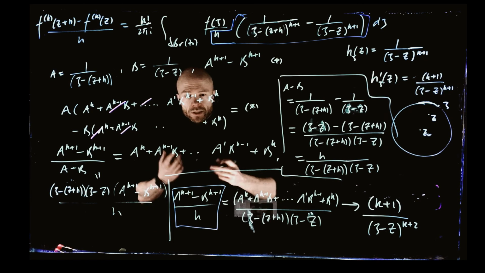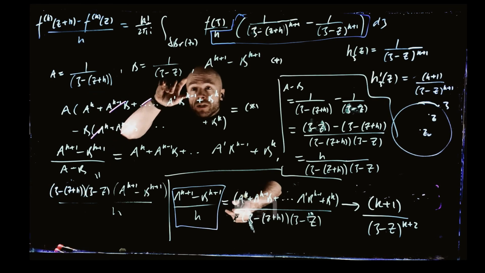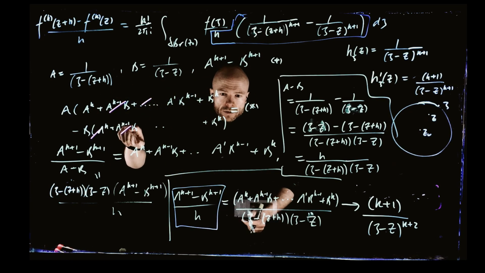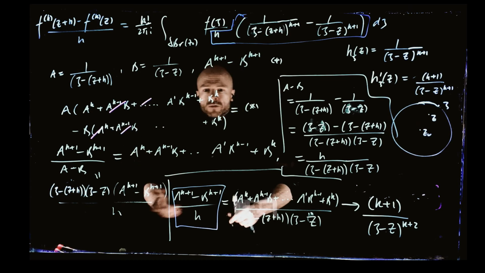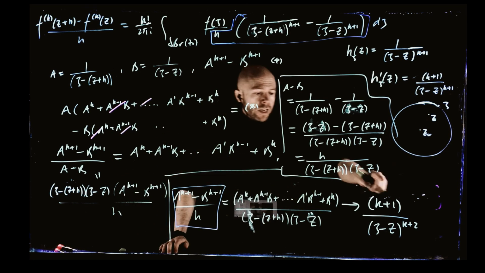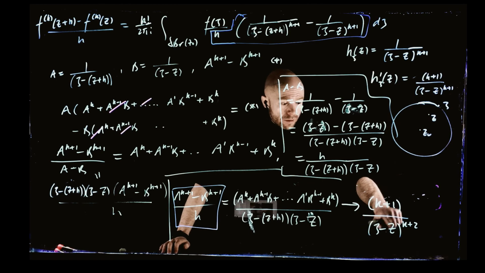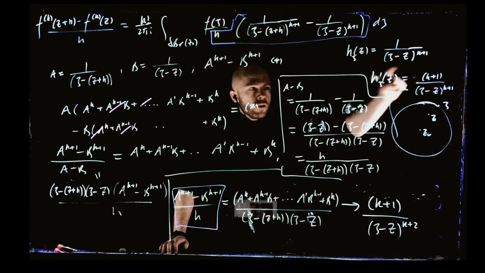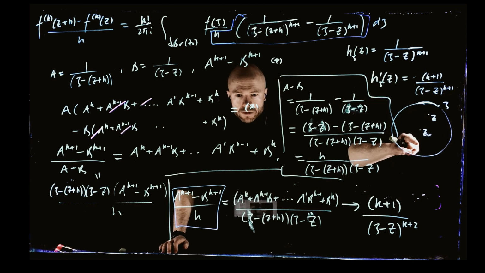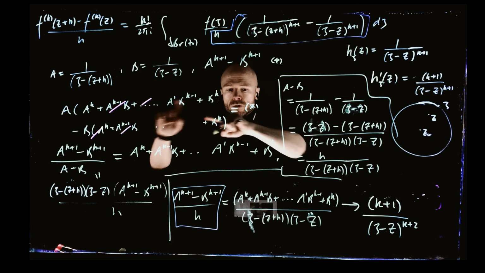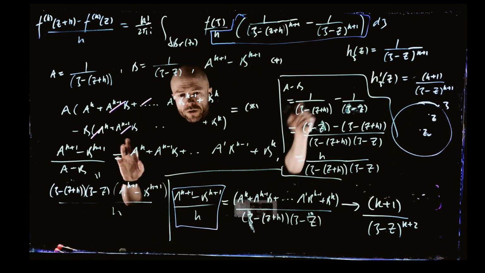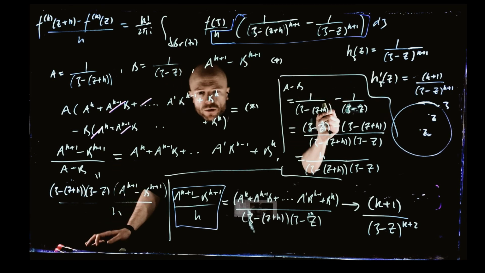Because we have these explicit expressions, we can show that each one of these explicit terms will tend to 1 over zeta minus z to the k plus 2, with some very small error, uniformly for all zeta going around the circle. And therefore it's true for all k plus 1 of these terms. And that's how we can show the uniform convergence, which is the main issue we have to work with or get around.